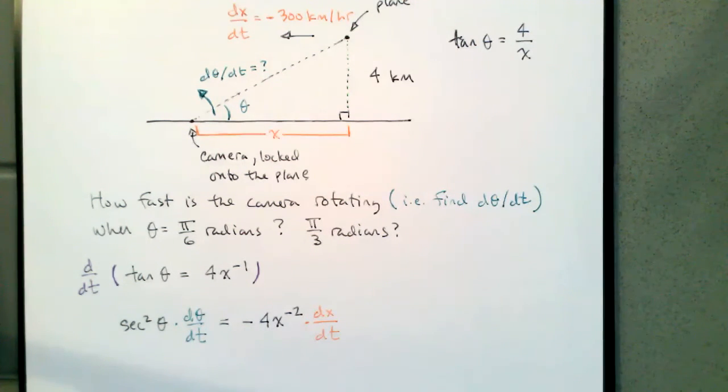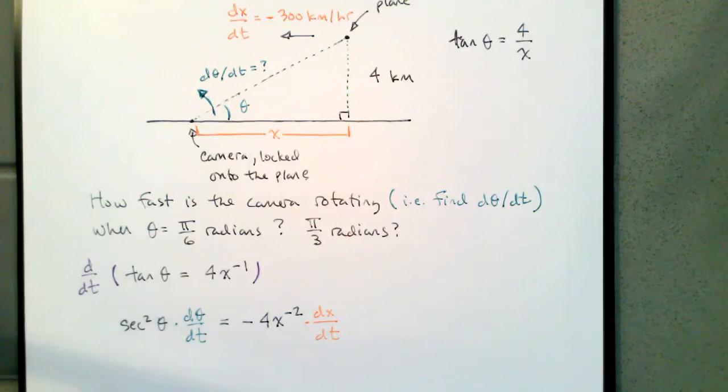Now we have 4 things in our equation: theta, d theta dt, x, and dx dt. We're given that dx dt is negative 300 kilometers per hour. We're told that we want to know what's going on when theta is pi over 6 radians. So we'll have to use that to figure out what x is equal to.